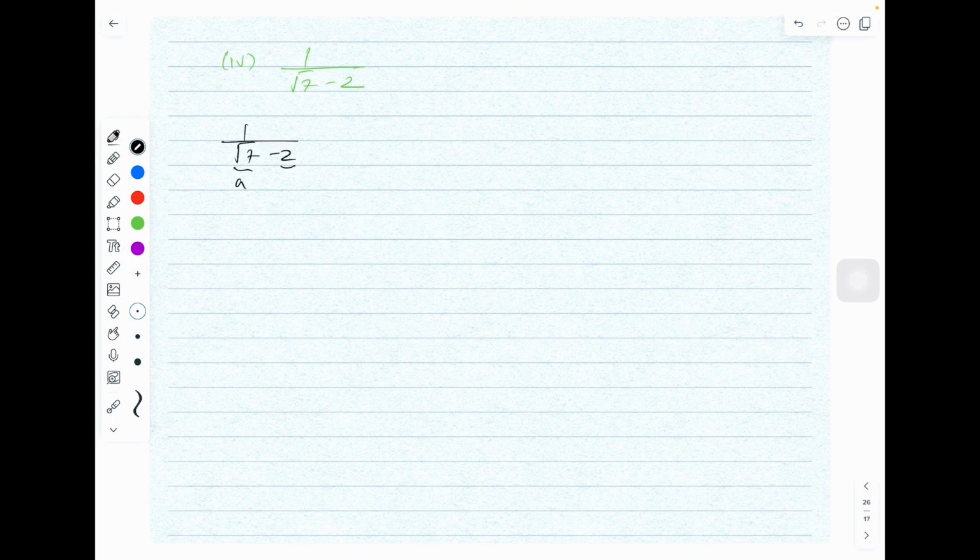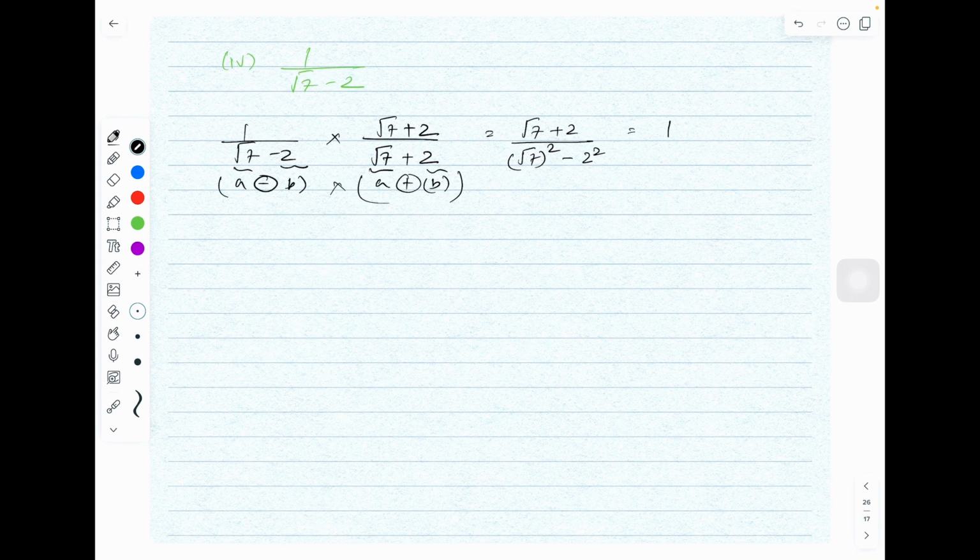This is A, 2 is B, and it is A minus B. If it is A minus B, then we have to write A plus B. If at the bottom you are doing A plus B, at the numerator also you have to do A plus B. 1 into A plus B is A plus B. A minus B into A plus B gives A square minus B square. Okay, so this is the fourth section that we have covered.